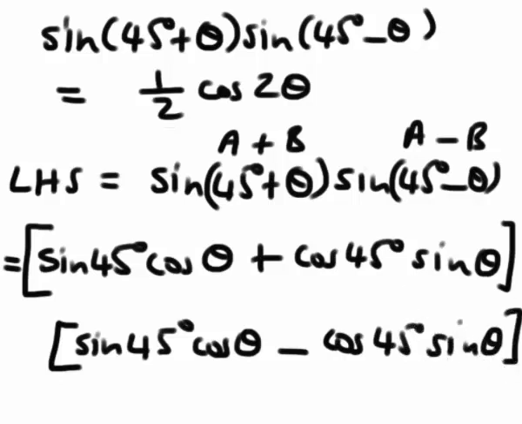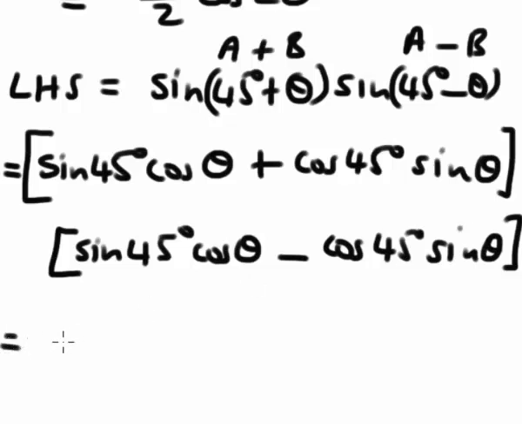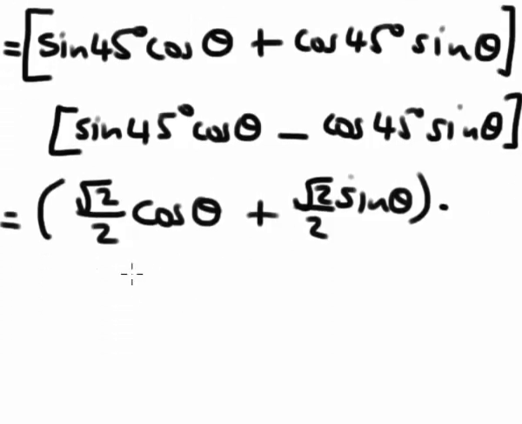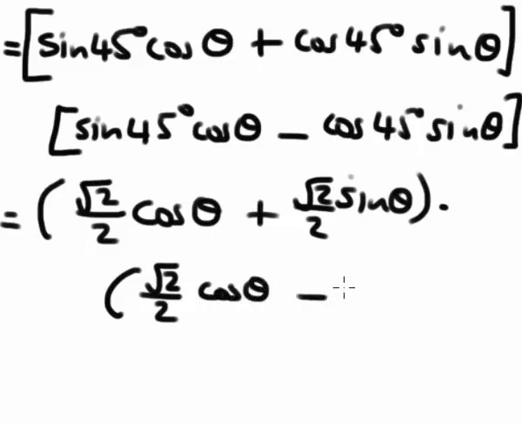Now if we look at this, sine of 45 is root 2 over 2, a special angle, times cos theta, plus cos of 45, root 2 over 2, you know that by now, times sine theta. And this is all going to be multiplied by root 2 over 2 cos theta minus root 2 over 2 sine theta. Now we could probably take out a common factor.